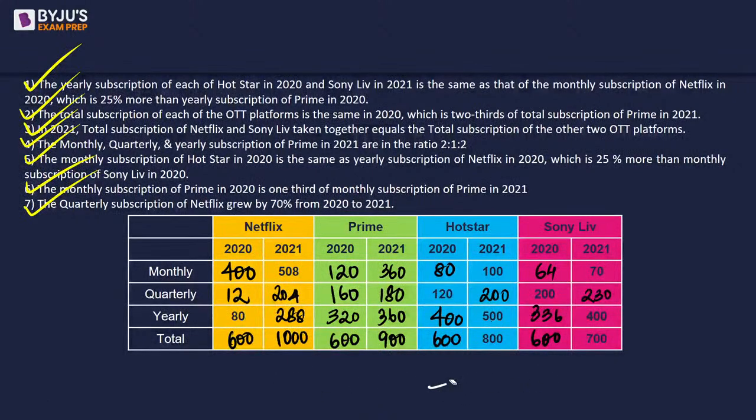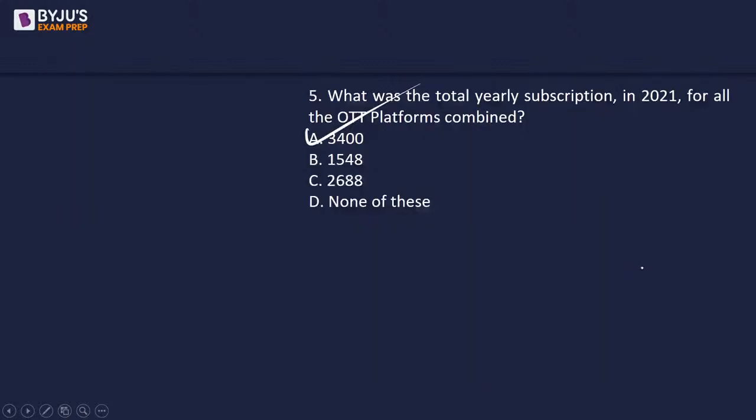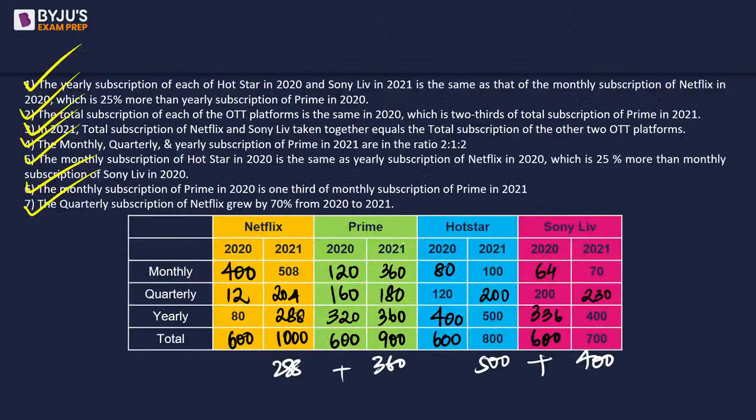Sorry, silly mistake. So we have got 288, 360, 500, and 400. So this is 900 plus 600 something. So 900 plus 600 is 1,500 something. So it's not the total, it's the yearly total.